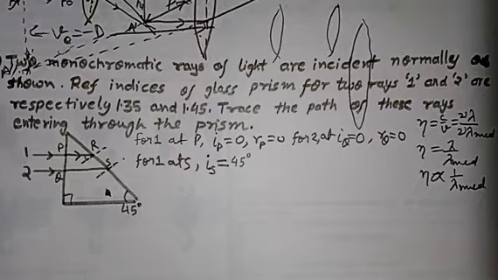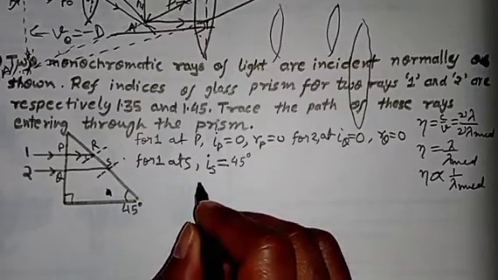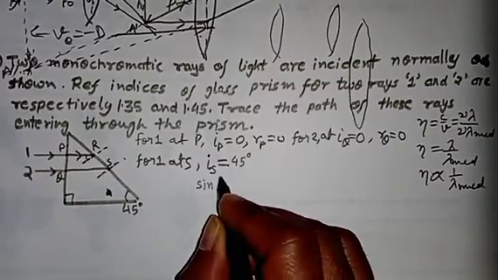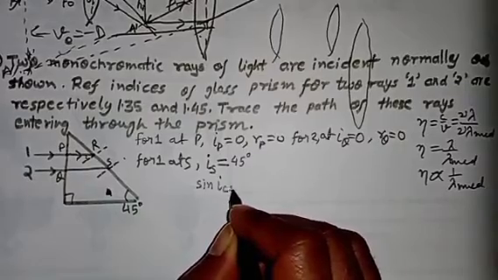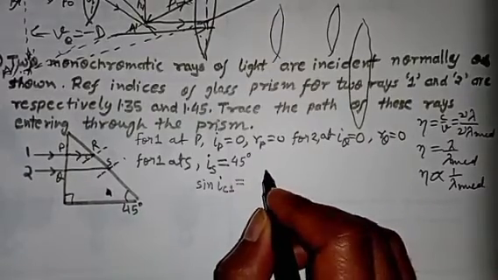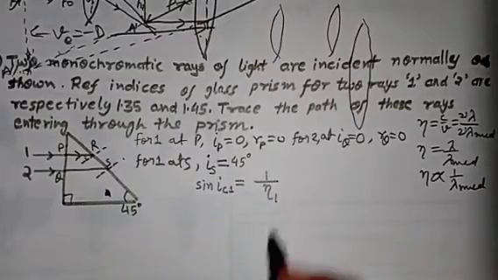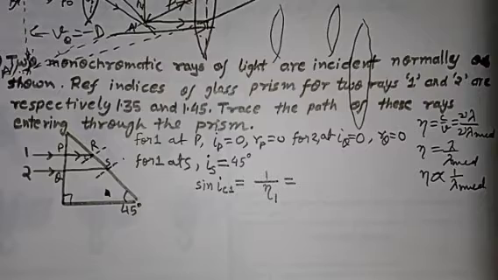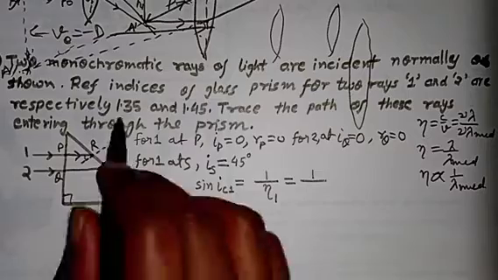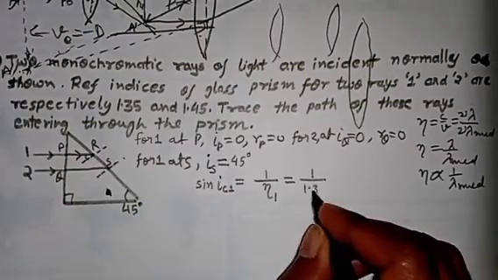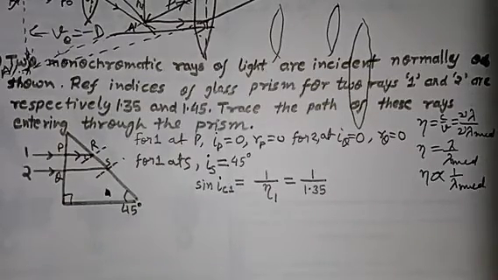So here the discussion goes somewhere else. We have to find the critical angle for ray 1. So sine IC for ray 1 is equal to 1 upon the refractive index. For ray 1, I use this eta symbol for refractive index. So 1 upon eta 1, that is 1 upon 1.35.